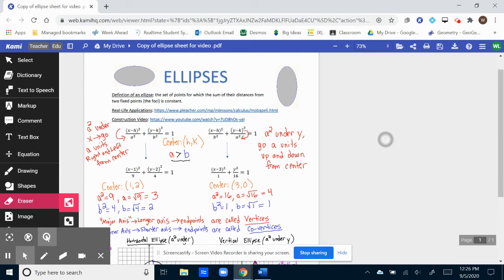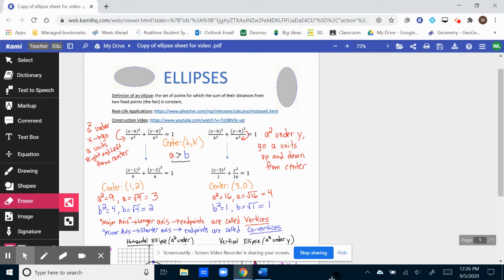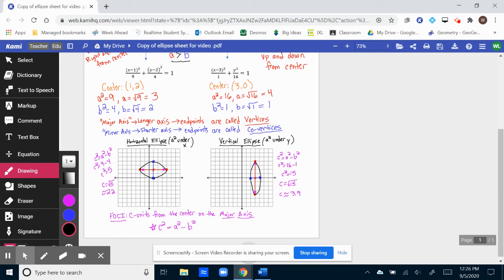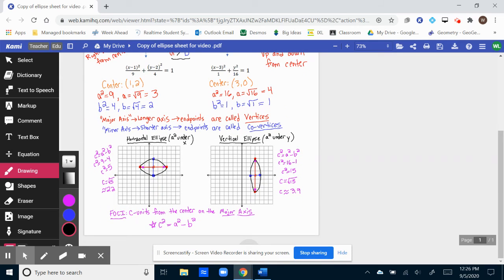I want to revisit the definition. So the definition of an ellipse, we said, is the set of points for which the sum of their distances from two fixed points is constant. So what this means is, your two fixed points are your foci.